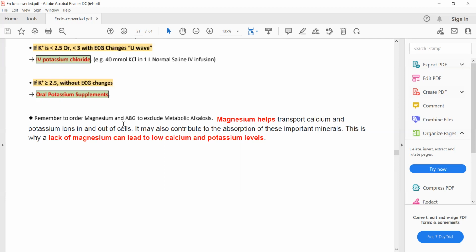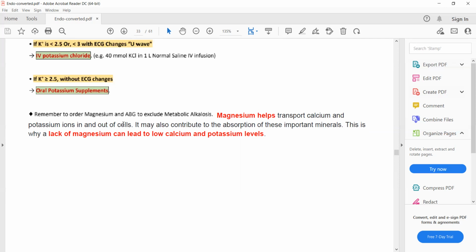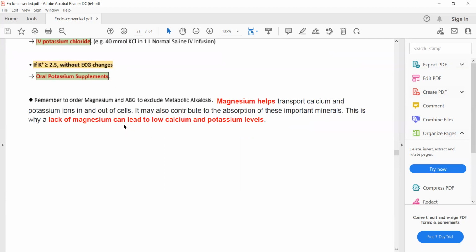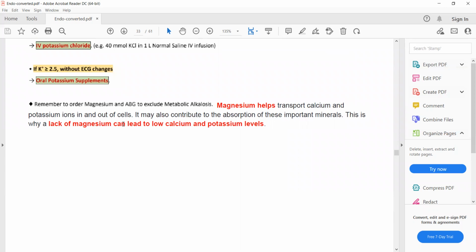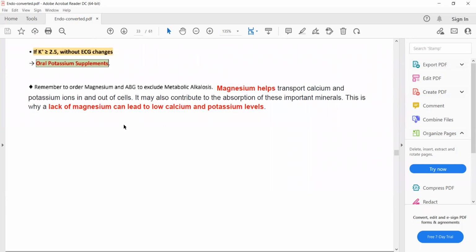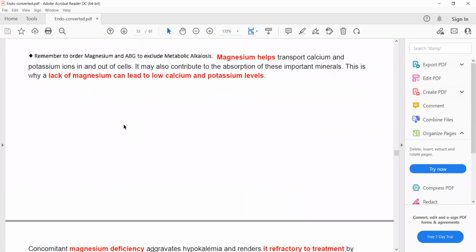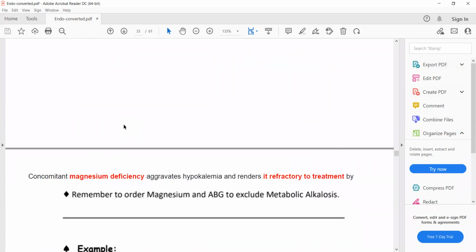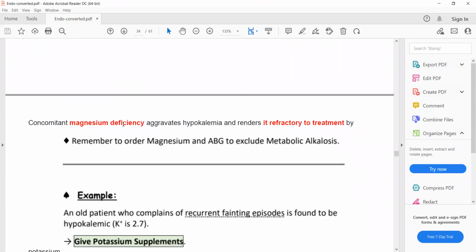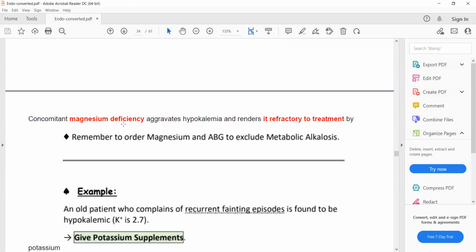So if there's a deficiency of magnesium, the transport of potassium will be disturbed and the patient will not respond to the treatment with potassium supplements, because potassium requires magnesium ion for its own transport. So that's why don't forget to order magnesium and ABGs in a patient with hypokalemia.